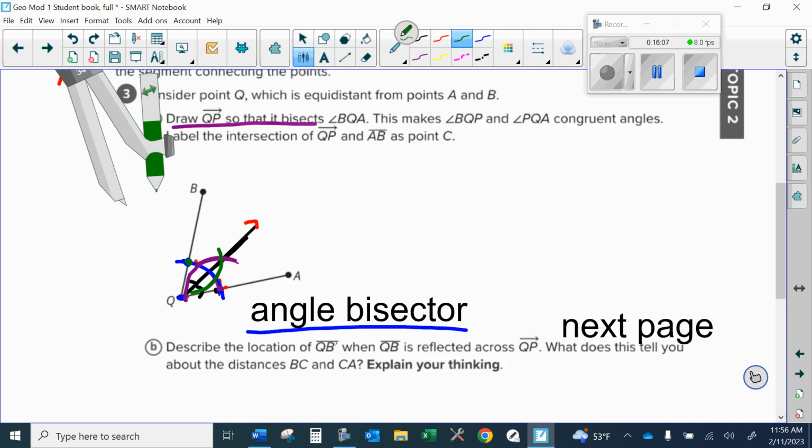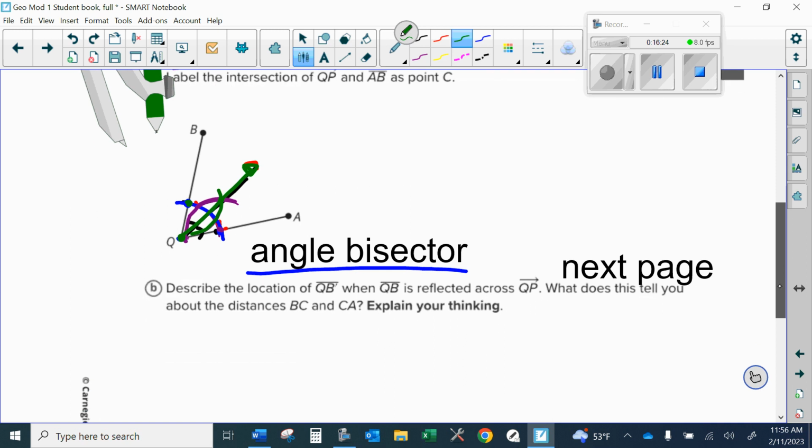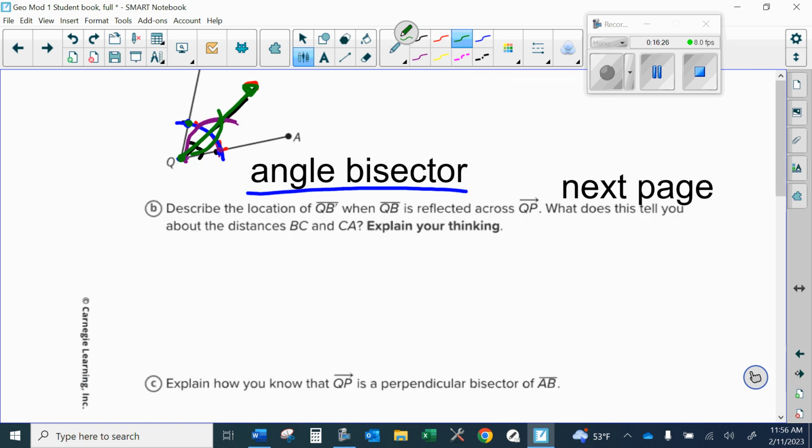Don't open or close it. Same distance. Draw its other arc, and then I can connect it from Q through that point of intersection right there, and that creates an angle bisector, which means it splits that angle in half. Bisect means to split in half. Go ahead and go to the next page.